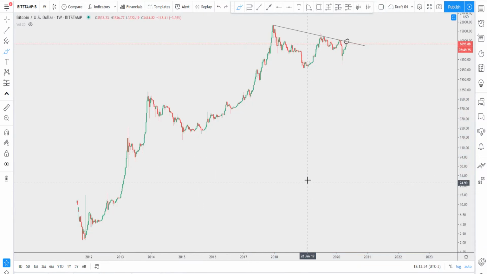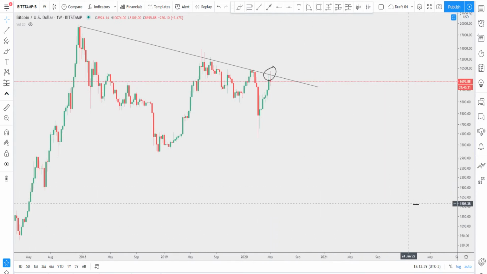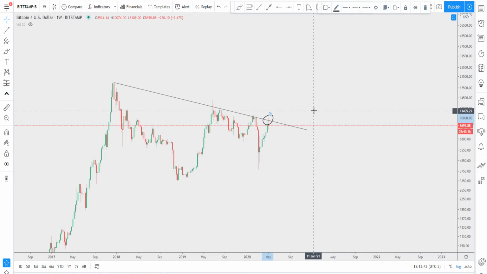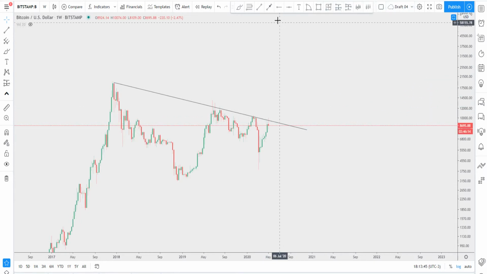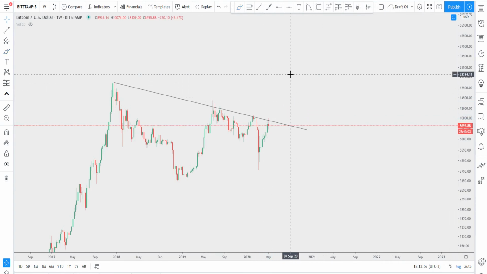Just another hint so you guys fully understand what's happening. And when we pierced this line here, I saw many people calling for a bull break. We broke the trend line and now it's a bull break, it's wrong again.